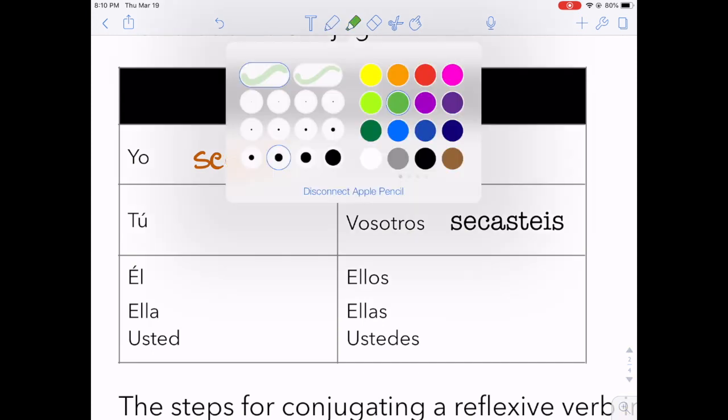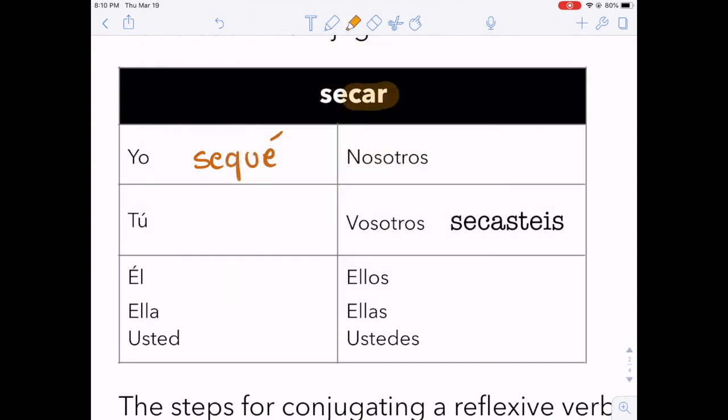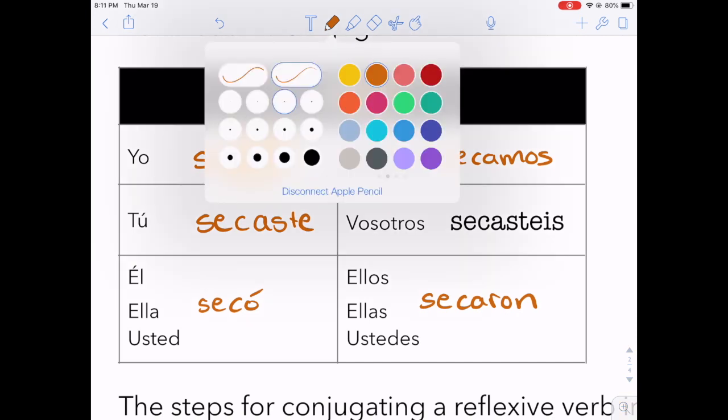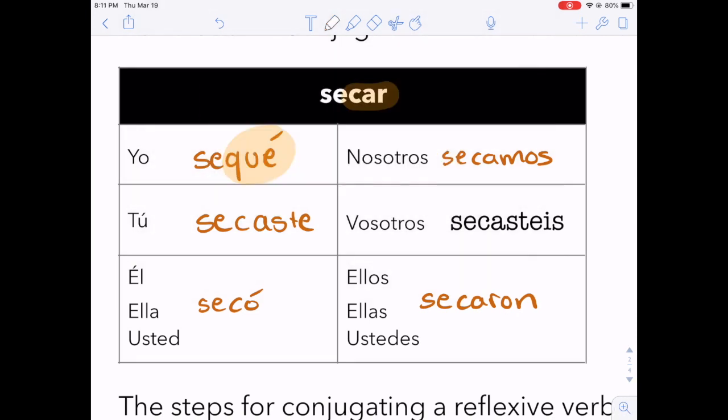Here our C-A-R is changing to a Q-U-E, so that way we keep that k sound the same. But then we have secaste, secó, secamos, secasteis, secaron. Remembering, of course, that secar means to dry.